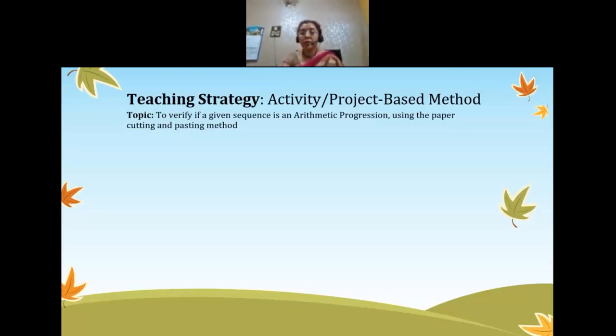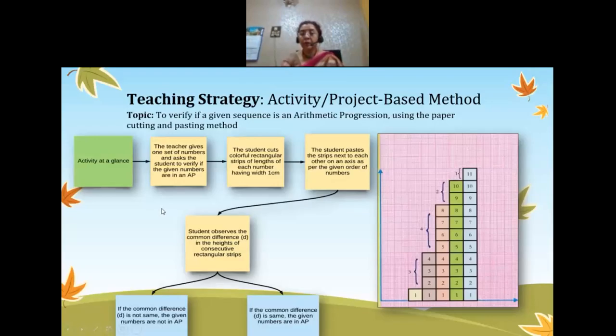Say the students of one group get 2, 4, 6, 8, 10. Give another group 2, 5, 7, 11, 13, like this.